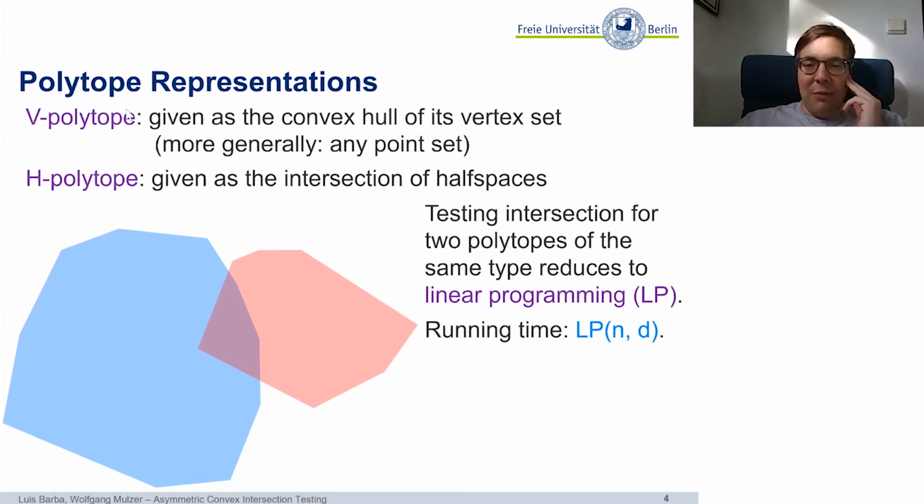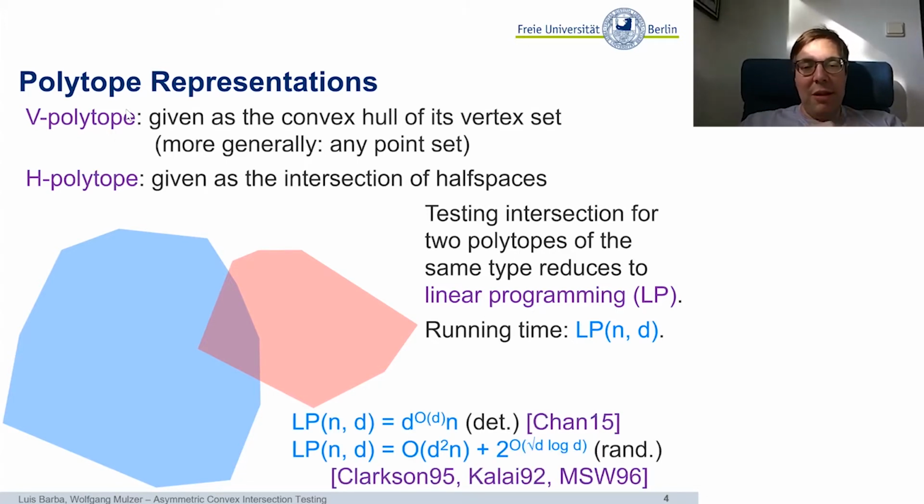So in particular, if the dimension D is small, then there exist quite simple and satisfying algorithms. So for example, if I know that the dimension is constant, and I have two H polytopes in D dimensions with n constraints, then Chan showed that we can solve it deterministically in time d to the O of d times n, which is linear in the number of constraints if D is constant.